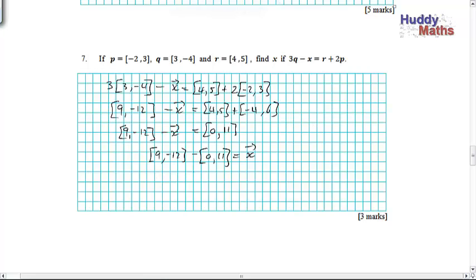So therefore 9 take 0 is 9, -12 take 11 is -23, equals our missing vector x. And you can check it back in the original. We really should have implied signs here. That's a neater way of leading on right the way through there.